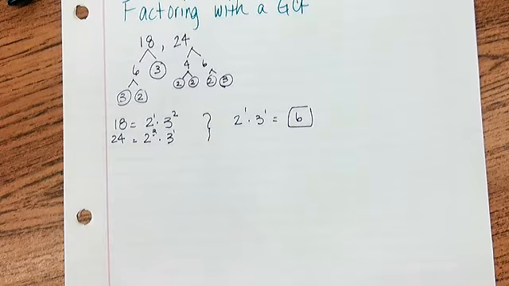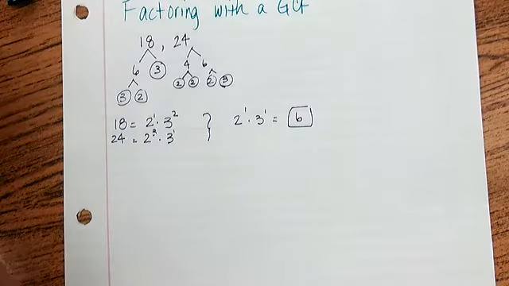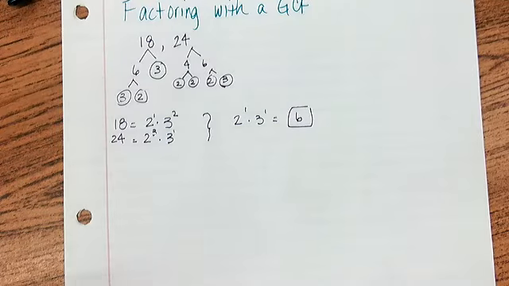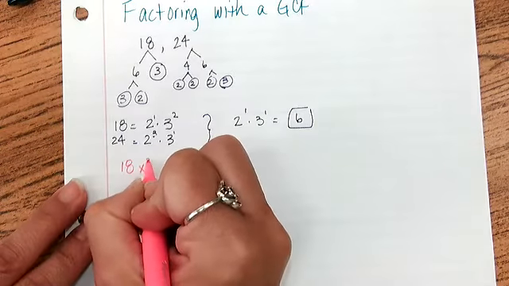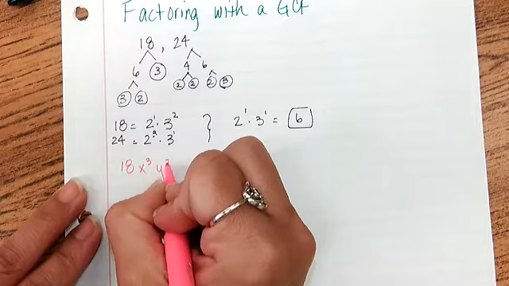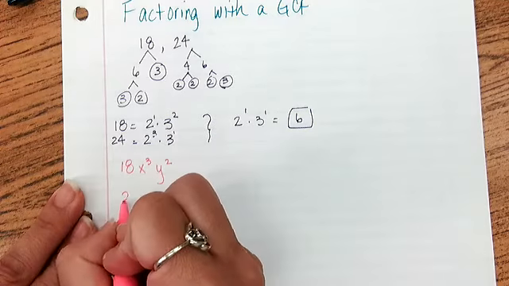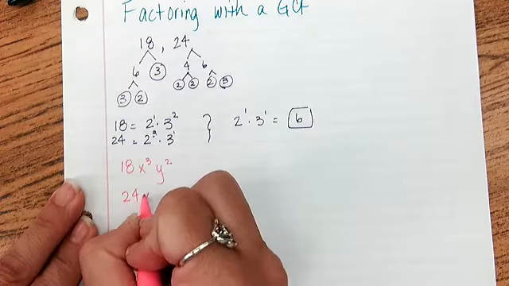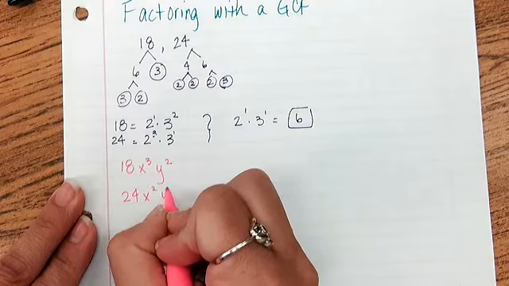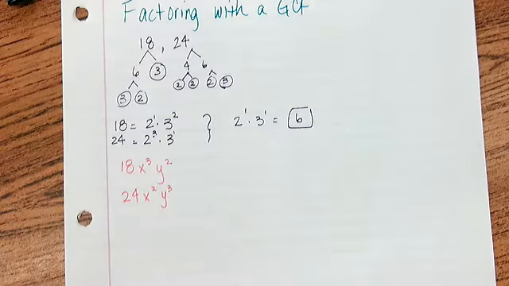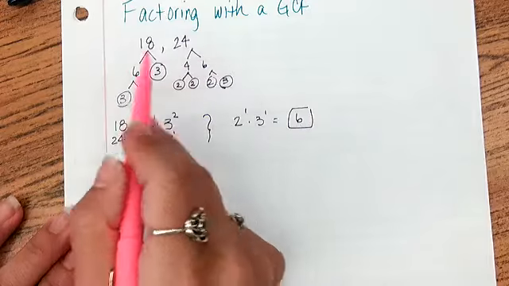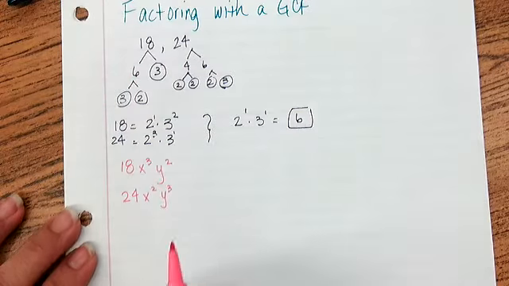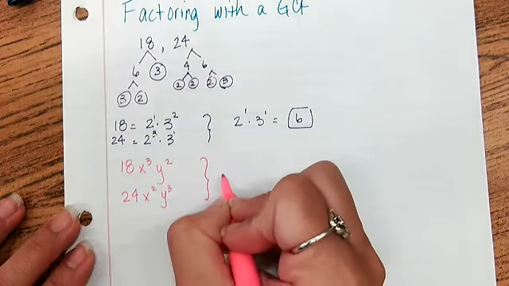So let's throw some variables in there. So let's say I give you 18x cubed y squared, and I give you 24x squared y cubed. Okay, so we know from above that the greatest common factor between 18 and 24 is 6.